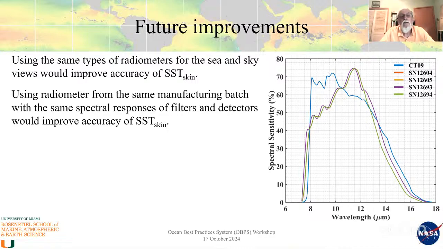Similarly, for the sea viewing radiometers, 3 of the 4 that we used seem to have come from the same batch, and they had very, very similar spectral response functions. In fact, you cannot distinguish them. They're all under the purple curve. The 4th is presumably from a different batch, and there is a slight difference, and that has to be corrected for.